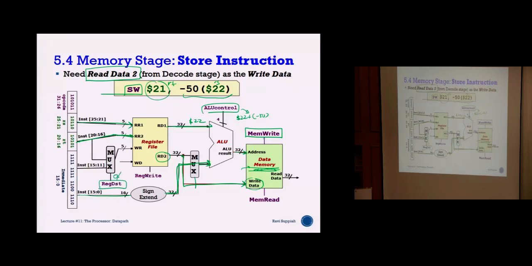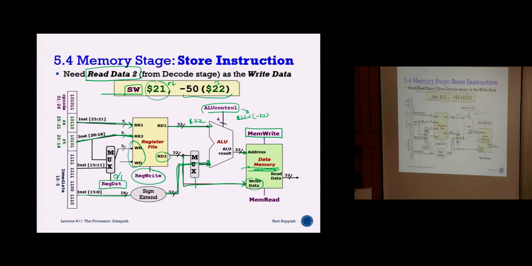destination is 0 or 1. When I do a store word, if my register destination is 0 or 1, does it make a difference? It will not make a difference. Why? Because your control block will not activate this. If my control block does not activate my register write pin, it does not matter what I write over here.